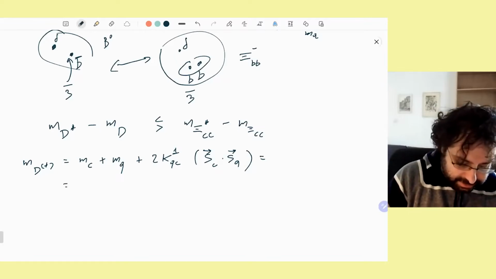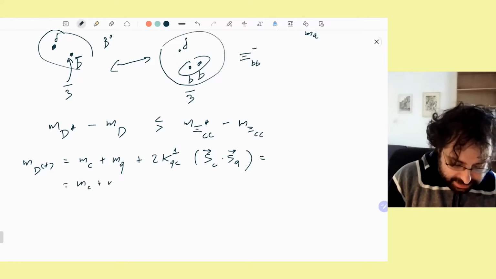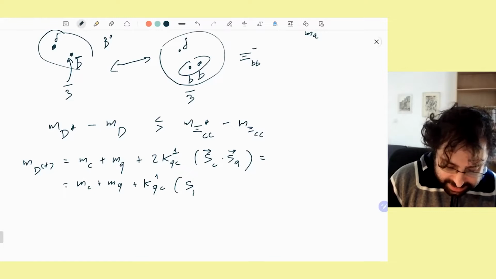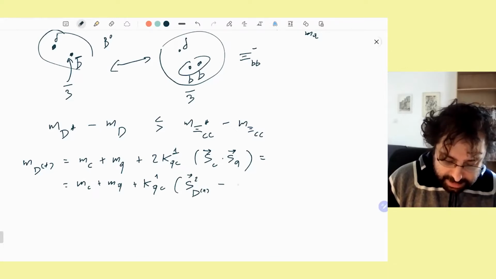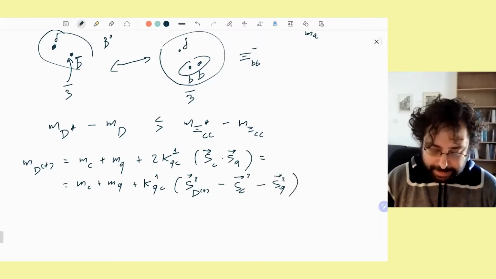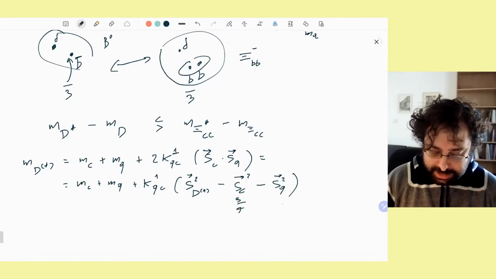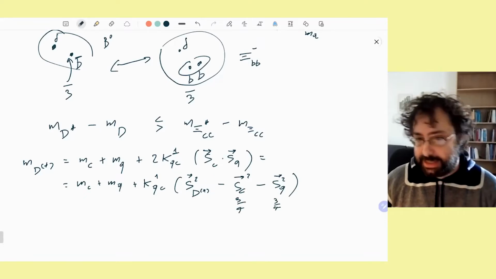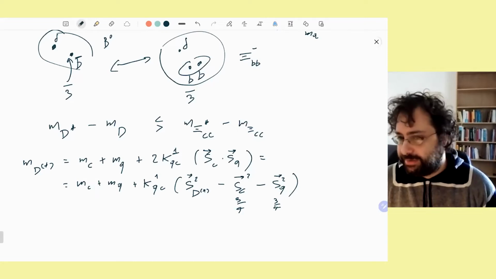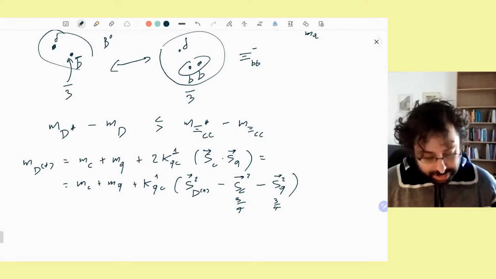So this would be the same as the spin of the D meson squared minus the spin of the charm squared minus the spin of the light quark squared. This is 3/4, this is 3/4, and this could be 2 for the case of the D star, which is a vector, or 0 for the case of the pseudoscalar.